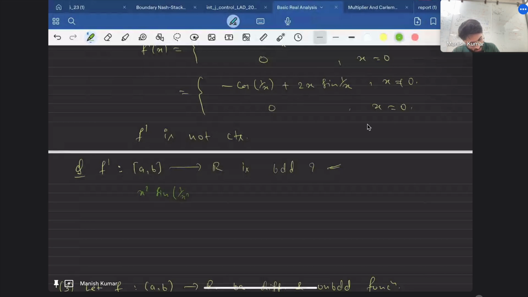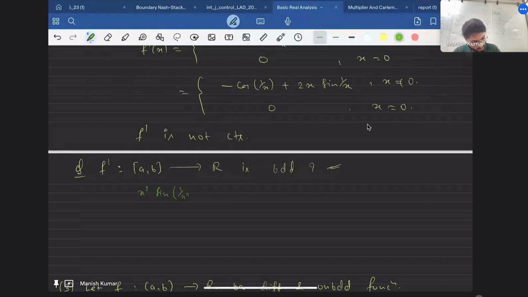At other points this is x square cos 1 by x square into minus 2 by x cube, plus 2x sine 1 by x square. Minus 2 by x cube, yes.